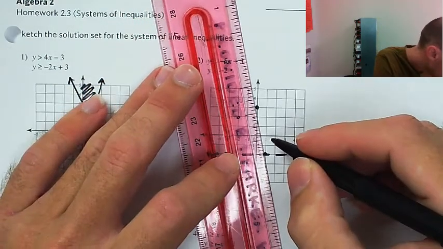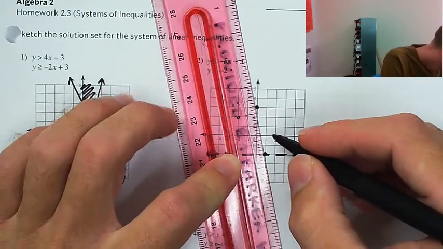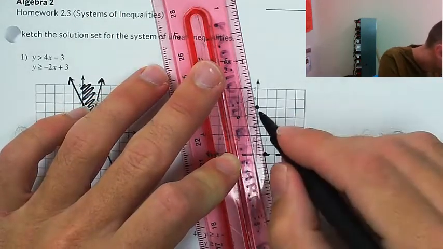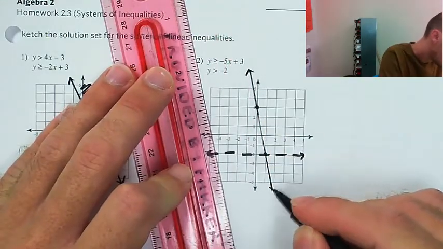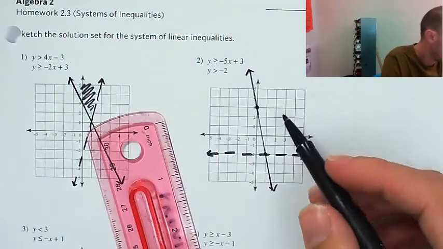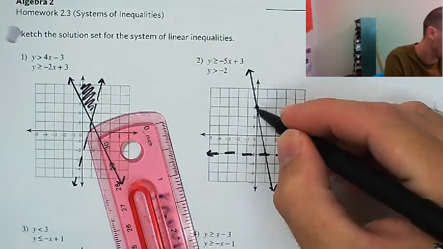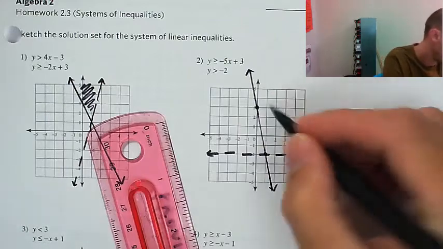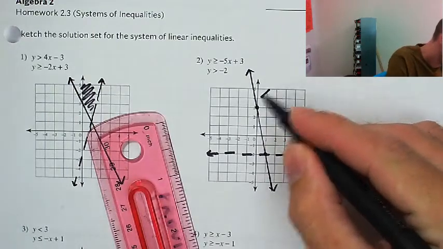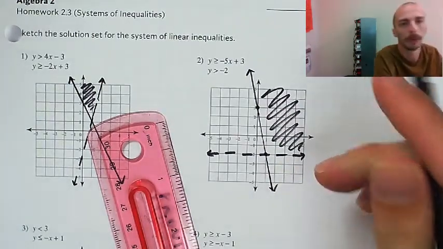So we're just going to connect these 2 points, and it was greater than or equal to, so I'm going to make this solid. Okay, and if it's greater than both, I want where y is greater than the solid line and where it's greater than the dotted line, so it's going to be over here.